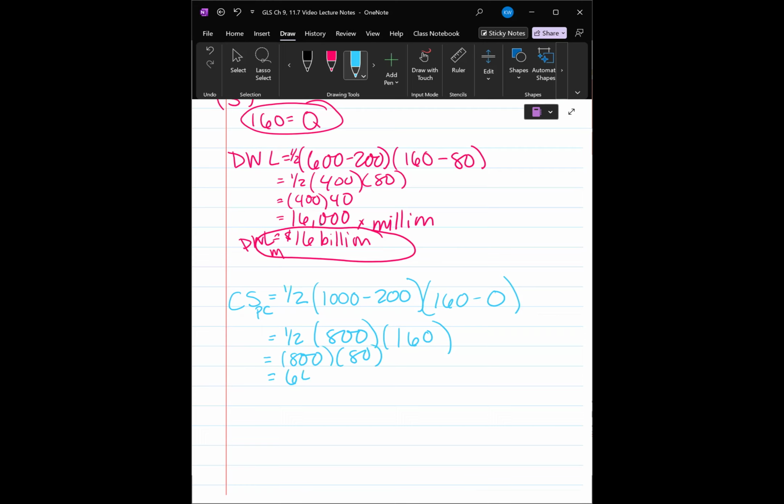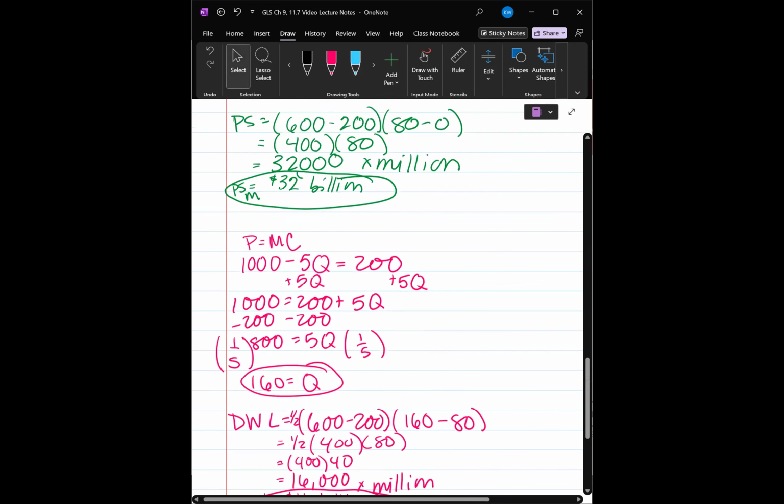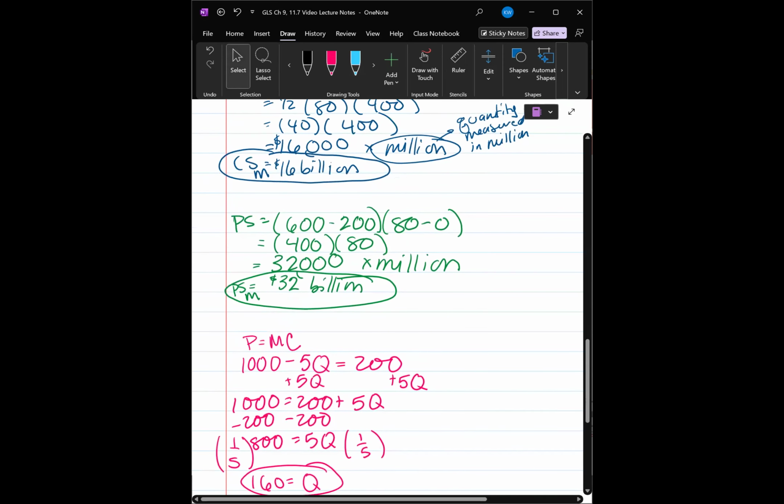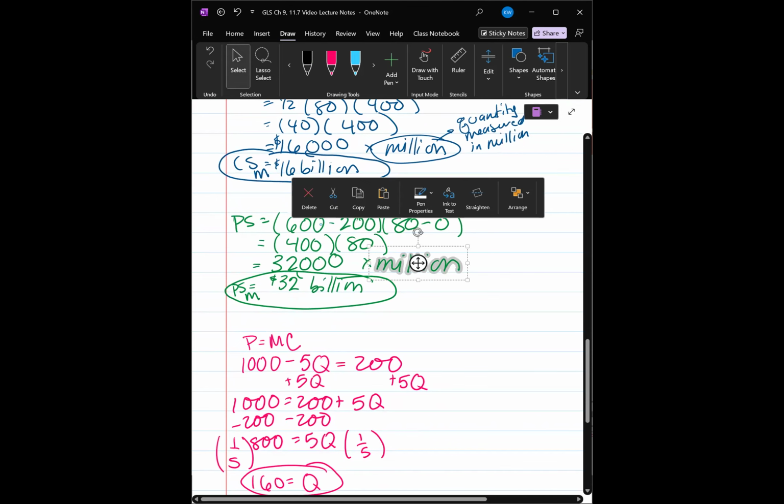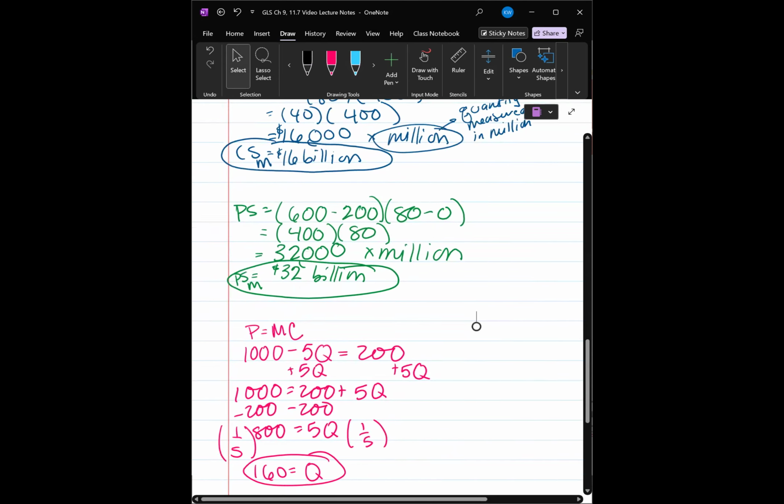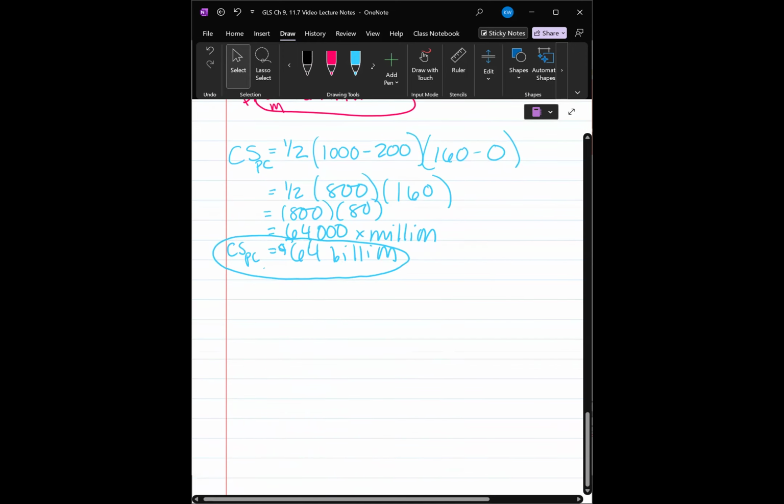That gives us 64,000, which we multiply by 1 million because quantity is measured in millions. So we have that consumer surplus under perfect competition is 64 billion, which is what you should have gotten if you instead added 16 billion plus 32 billion plus 16 billion, right? 16 plus 16 is 32. 32 plus 32 is 64, right? So we have those same values, okay?